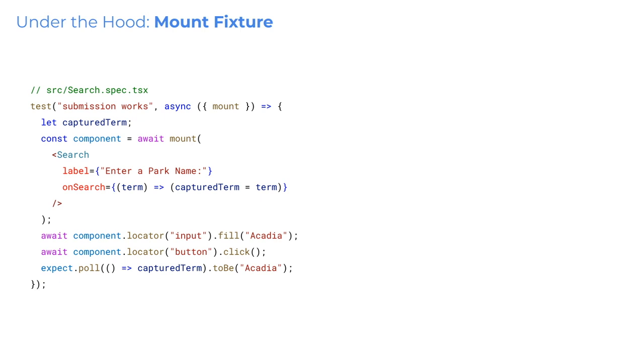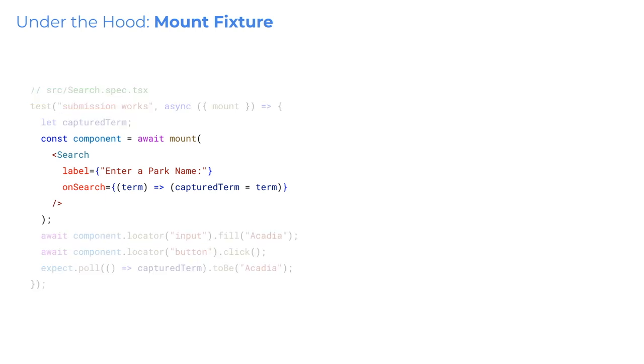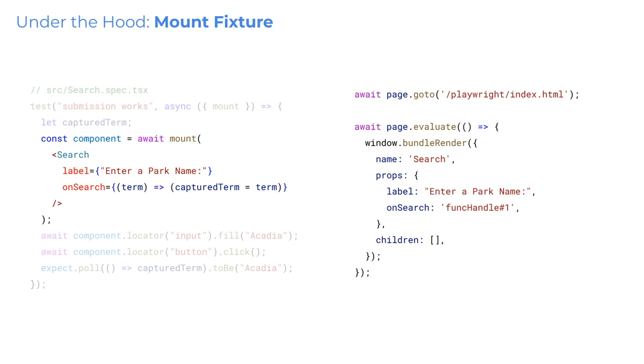This is our whole test, but the important bit that we're going to walk through is what Playwright is doing for this mount call here. This mount call roughly expands to the following Playwright code. When the mount fixture is called, we go to the facade web page. Then Playwright tells the browser to call window.bundle.render inside of the browser.